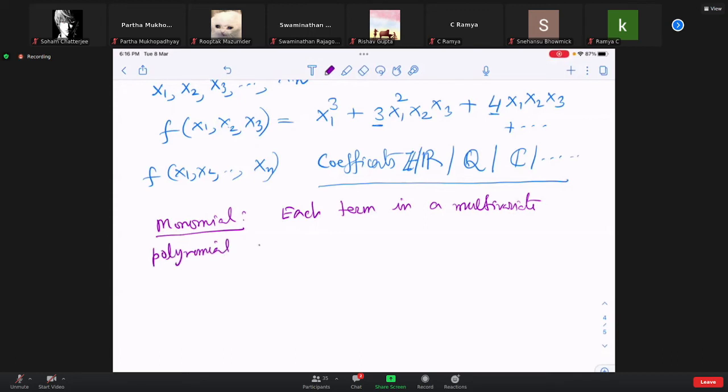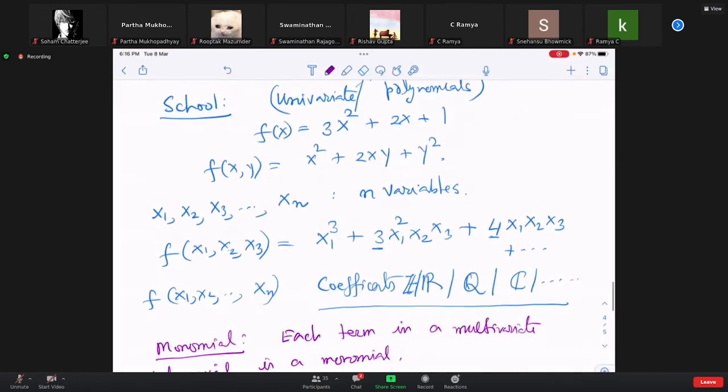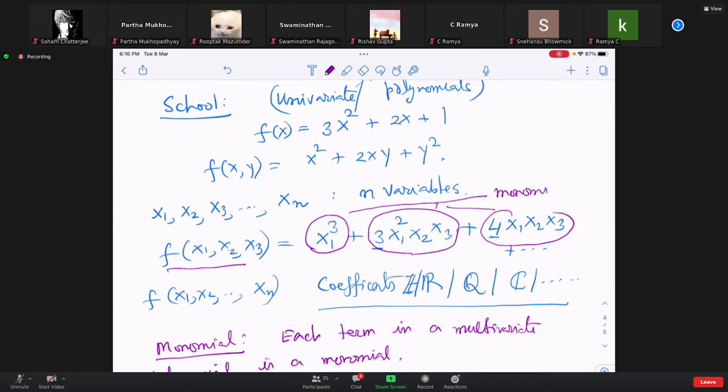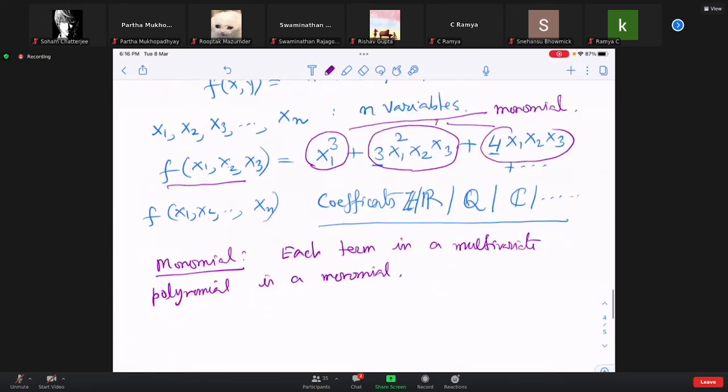Each term is a monomial. For example, consider these polynomials. These terms are called monomials. They are just given the name monomial. So this is one point.